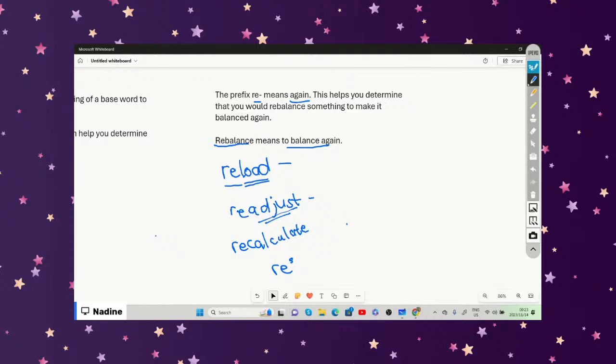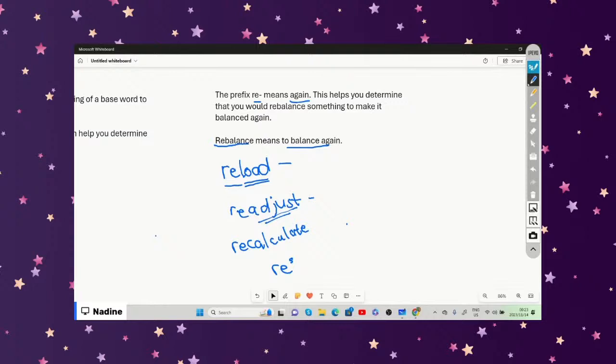Adjust is almost like trying to bring about balance. Sometimes we can say it's trying to adjust your life.